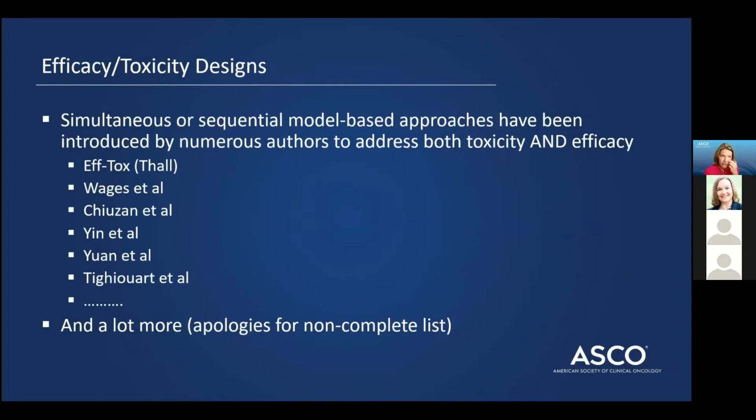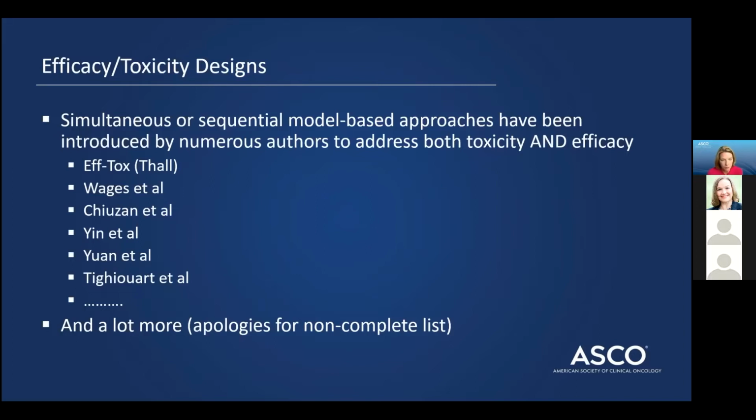For several decades, authors have been working on a combination of efficacy toxicity designs, where either simultaneously or sequentially you're using model-based approaches to address both toxicity and efficacy. And this is really sort of the direction to move in, in the sense that the idea of finding an optimal dose without incorporating efficacy does seem a little bit naive, unless you can make that assumption that as toxicity increases, so does efficacy.